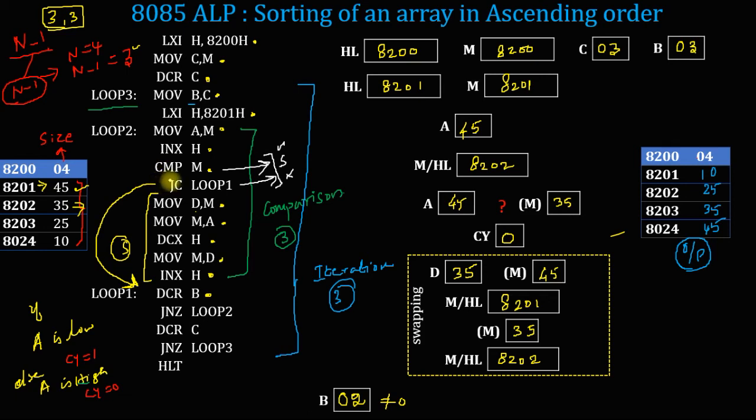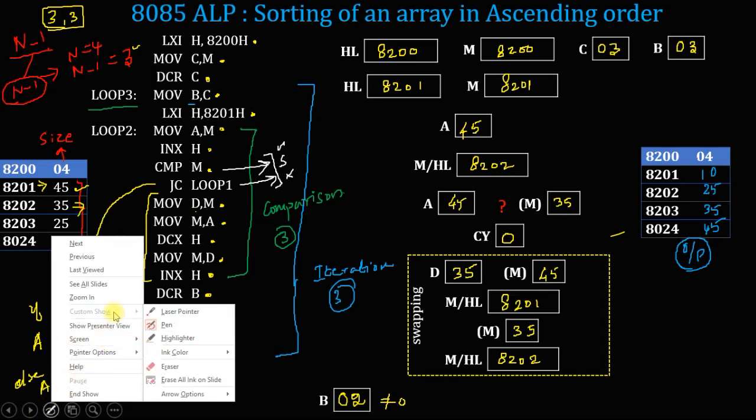By the way, we can write a descending order program also. For that, we simply replace the instruction jump on carry, loop 1, that we used.